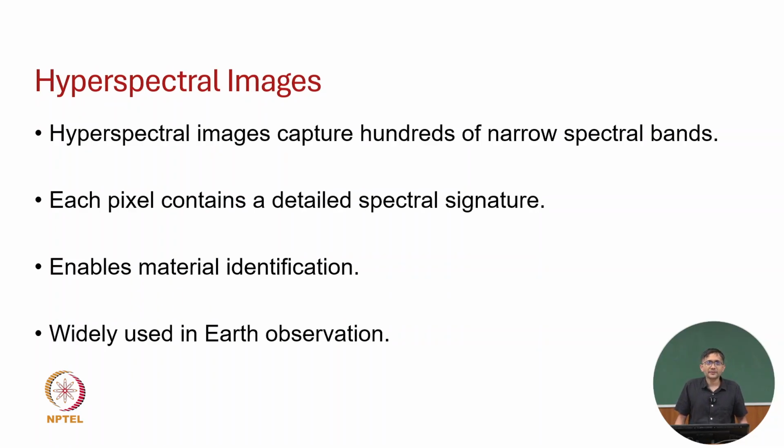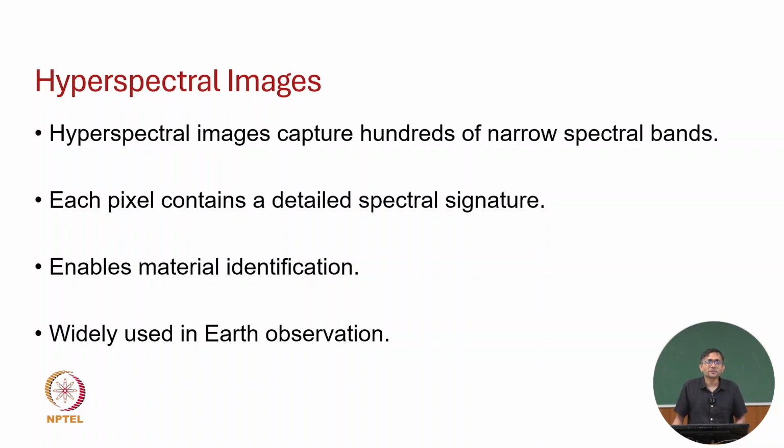Now, with this background, let us jump to hyperspectral images and think about the particular problem statement that we mentioned a couple of minutes back about fine-grained crop understanding. As we said already, if we had more narrow spectral bands, probably it would have helped us.